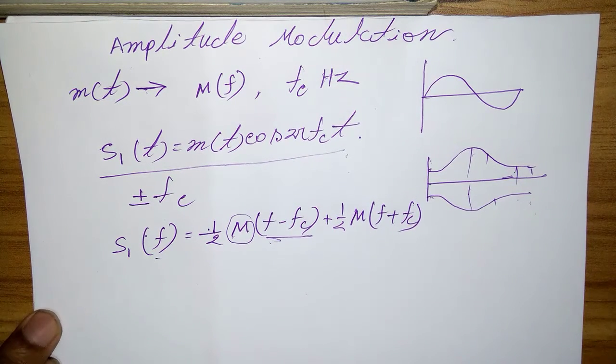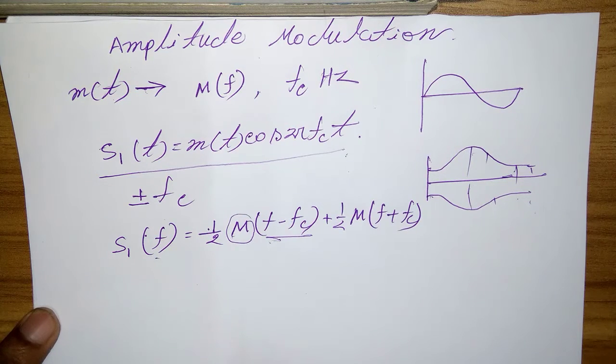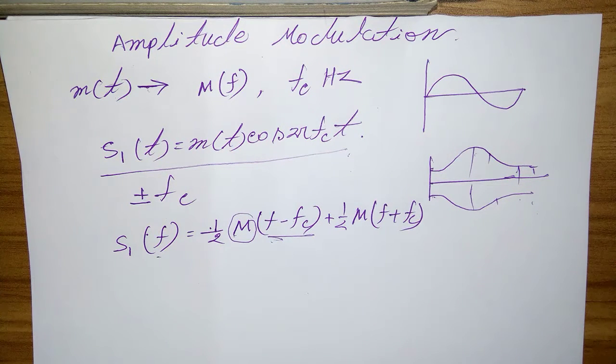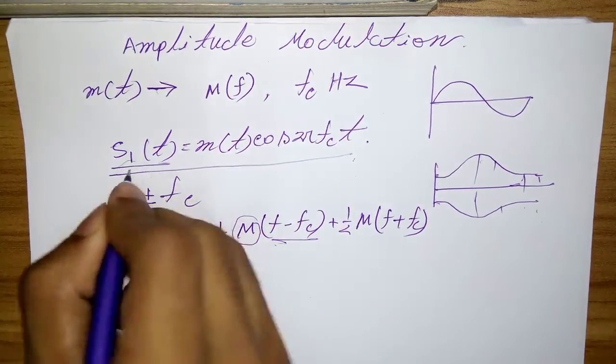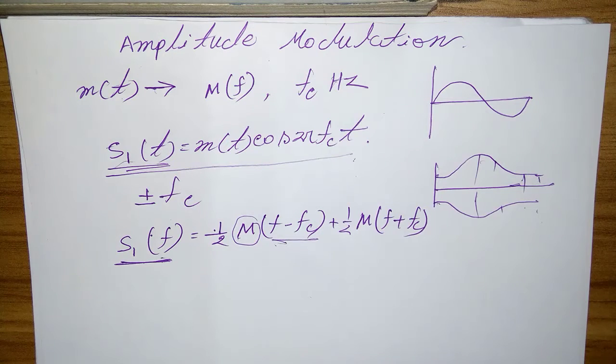So this simple multiplication in fact allows changes in the amplitude of the sinusoid s1 of t to be proportional to the message signal. So this method is indeed a very valuable modulation known as amplitude modulation.